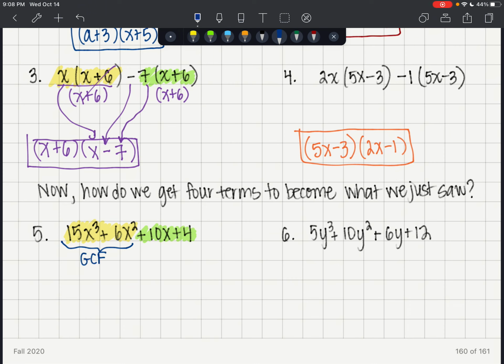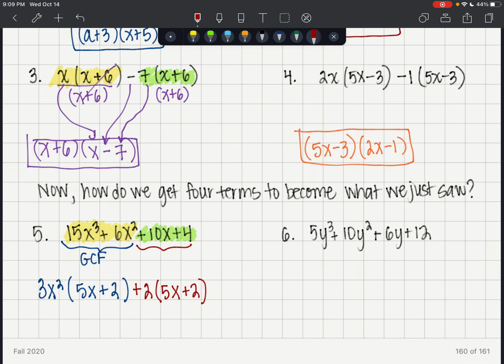So the greatest common factor would be 3x squared. And that would leave us 5x plus 2. The second grouping is positive 10x plus 4. What's common to both of those terms? A positive 2. When I factor out a positive 2, I get 5x plus 2.